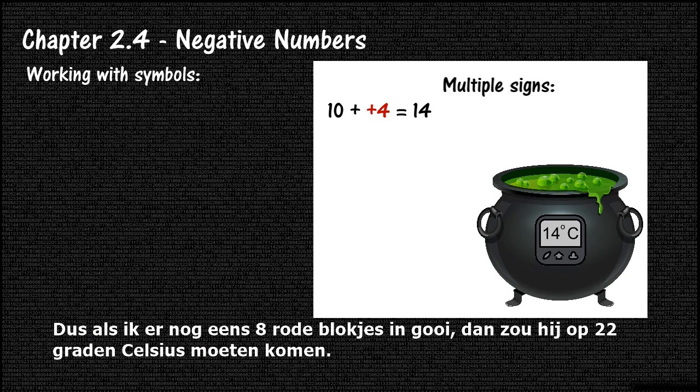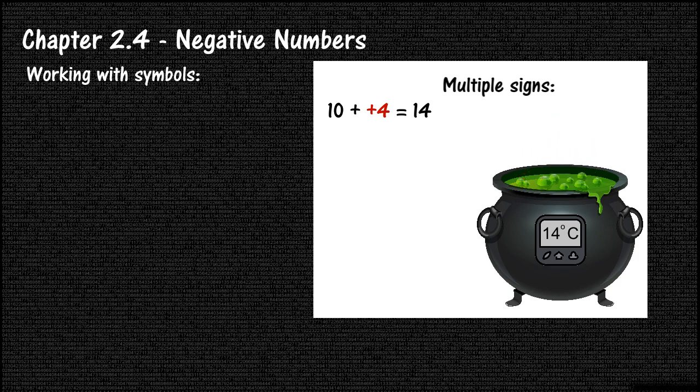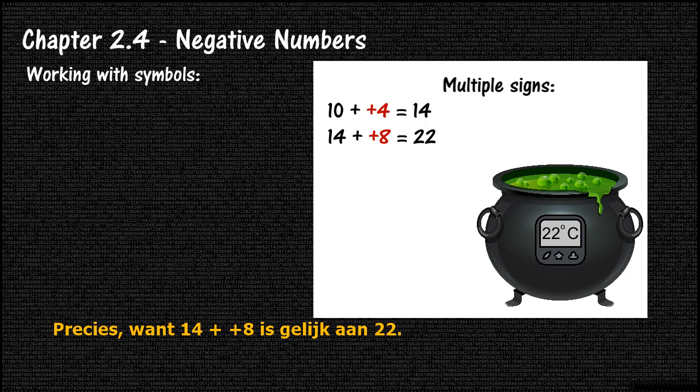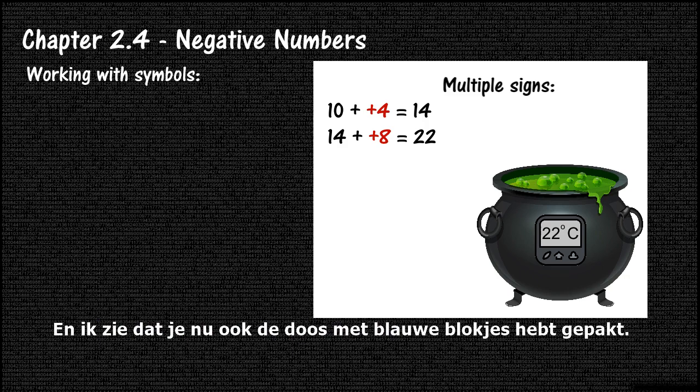So if I throw in another 8 red cubes, it should become 22 degrees, right? Indeed, because 14 plus 8 is equal to 22. And I already see you grab the box with blue cubes.